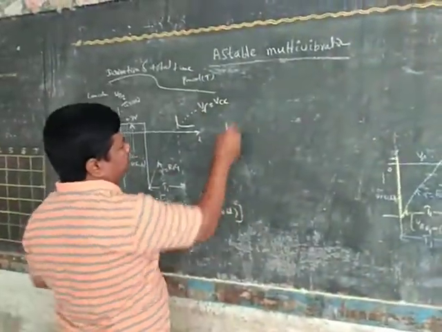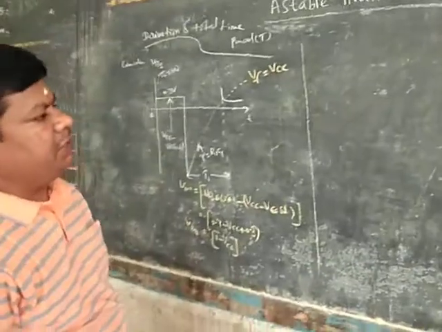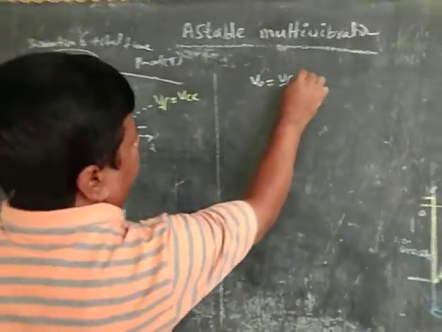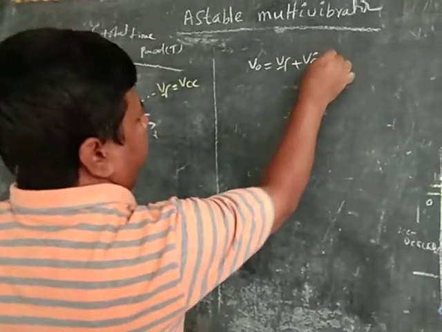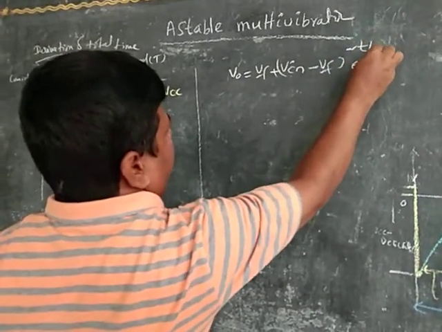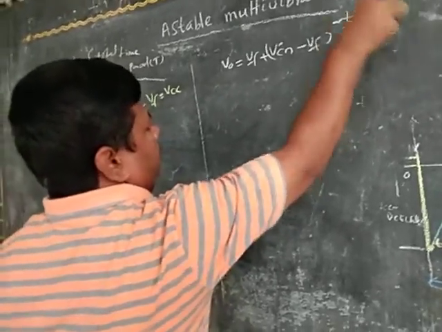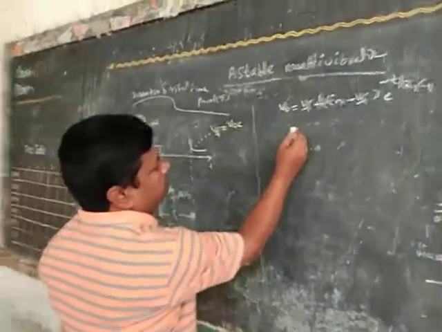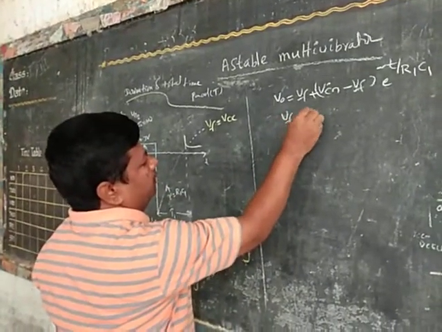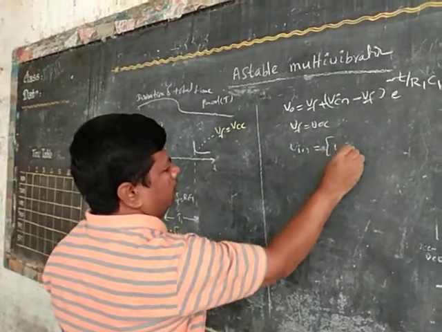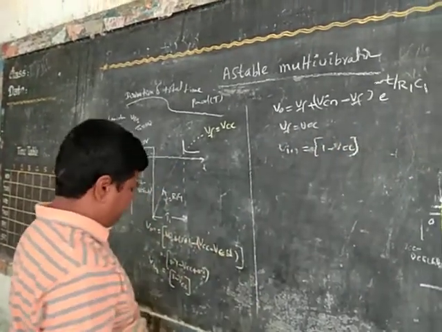For a circuit having a single time constant with initial and final values, V naught is equal to V final plus (V initial minus V final) e power minus t by tau. Here tau is equal to R1 C1. Now V final is VCC, V initial is 1 minus VCC.